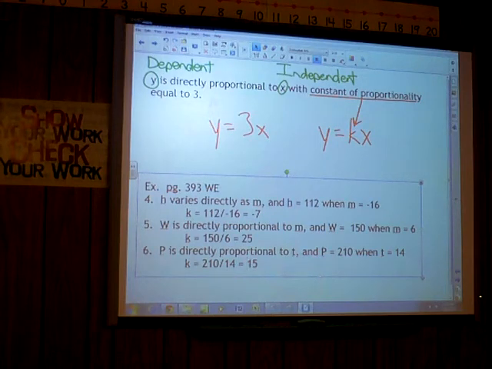Now, we're going to be doing ones that aren't necessarily just x's and y's. We're going to do some that actually have some realistic applications here. So, I'm going to give you guys some time to work together a little bit on the board and then finish up for homework.